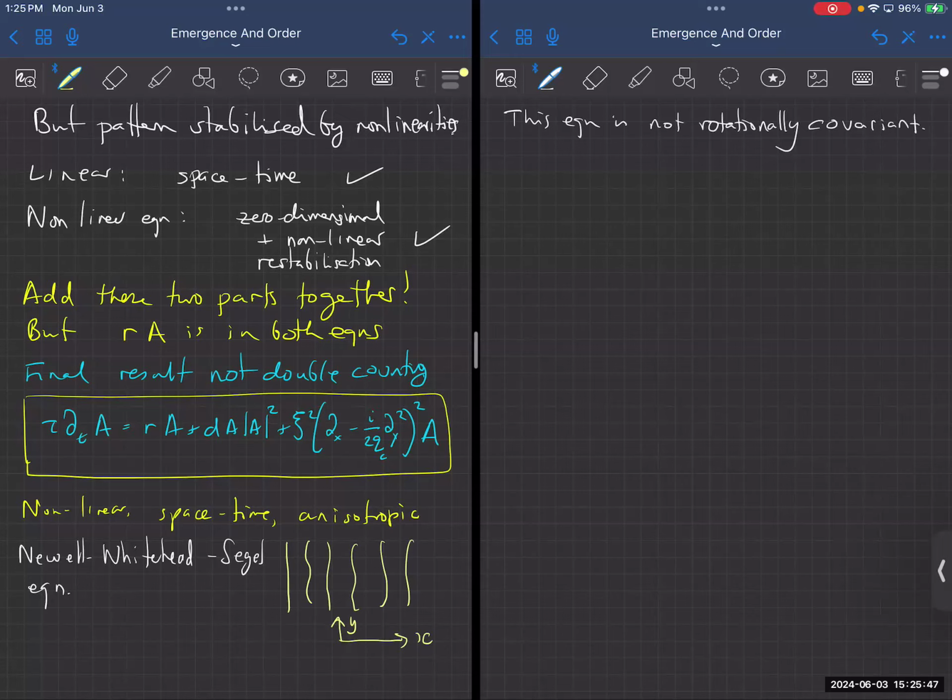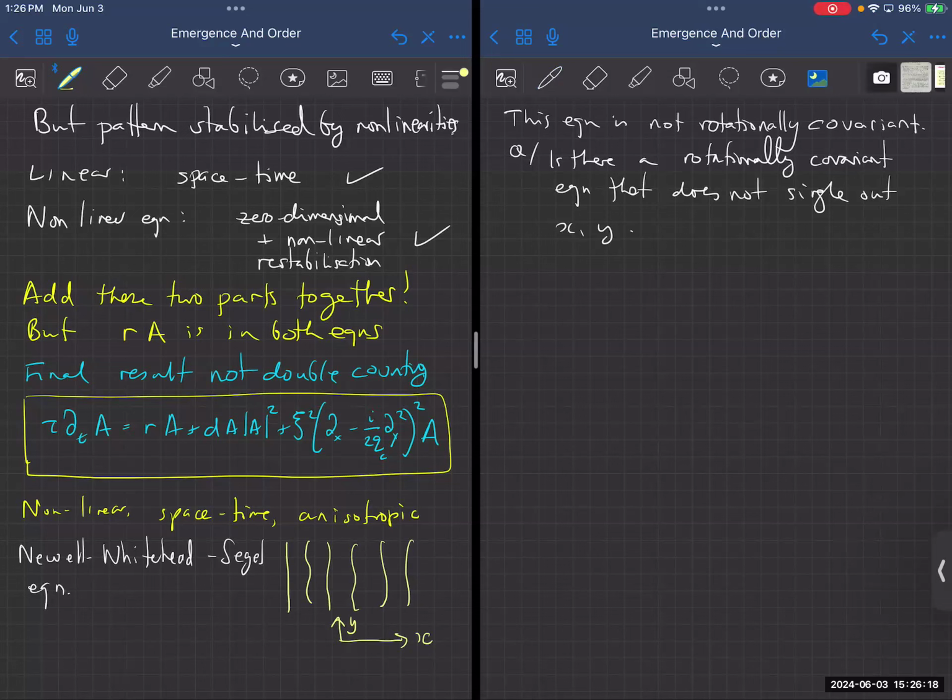But in principle, I should be able to write down an equation that, for any pattern forming process, doesn't distinguish between X and Y. So question, is there a rotationally covariant equation that does not single out X and Y specifically?